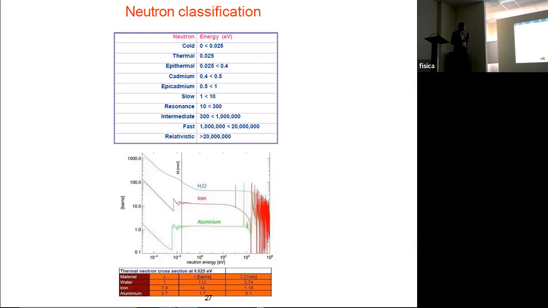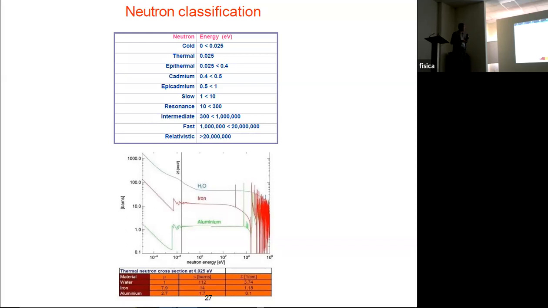There are also resonance neutrons, which have energy in this region, and intermediate neutrons, and of course fast neutrons with energy from 1 MeV to 20 MeV, and relativistic neutrons with energy more than 20 MeV.